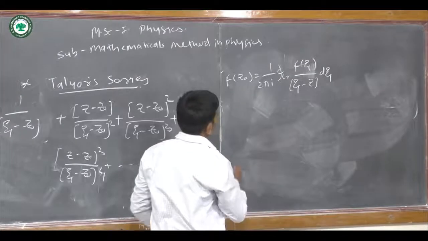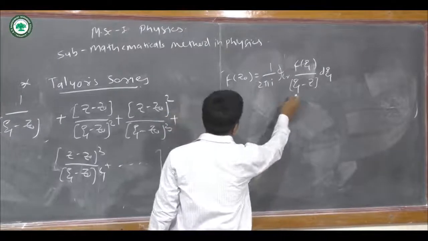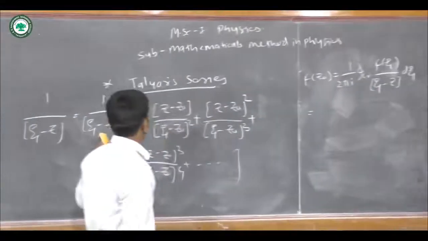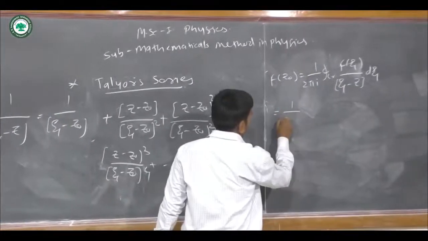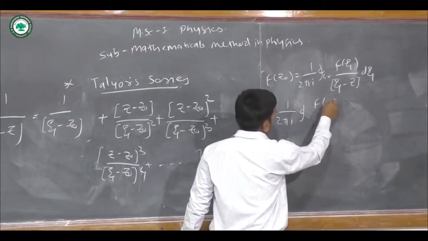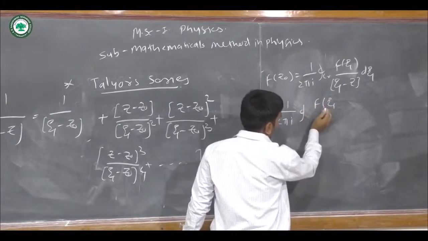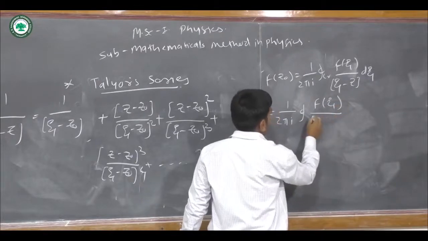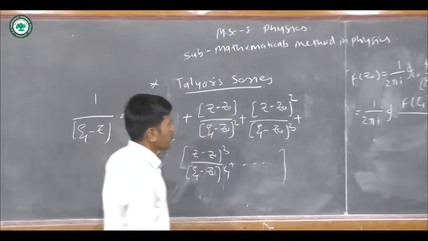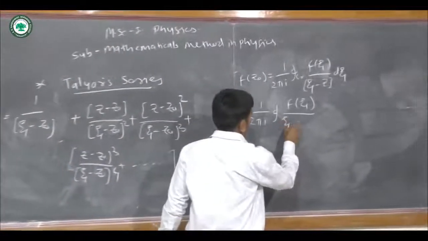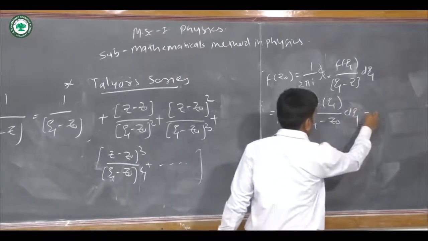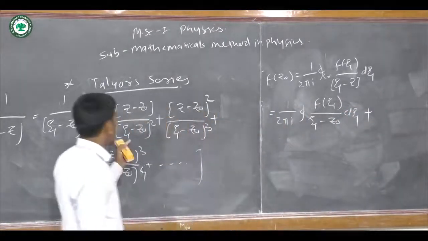Okay, so if I put this first term here, it becomes like this: 1 by 2 pi iota closed integral over CR, so f of psi divided by, for the first term, I write psi minus z naught. Okay, so this is psi minus z naught.